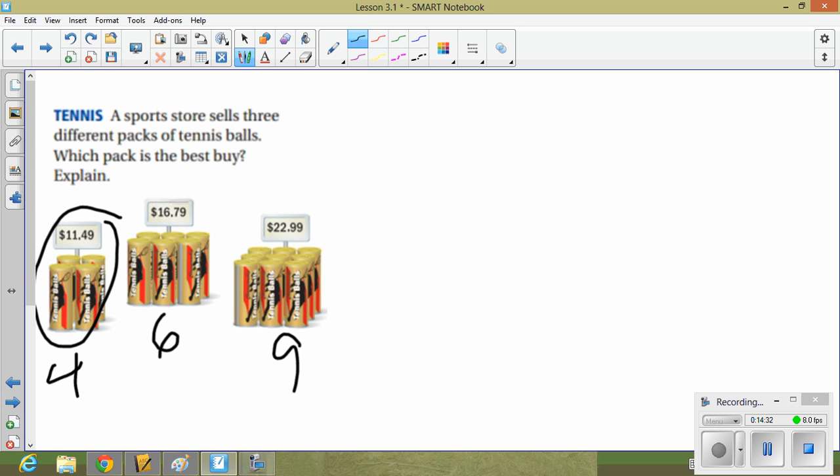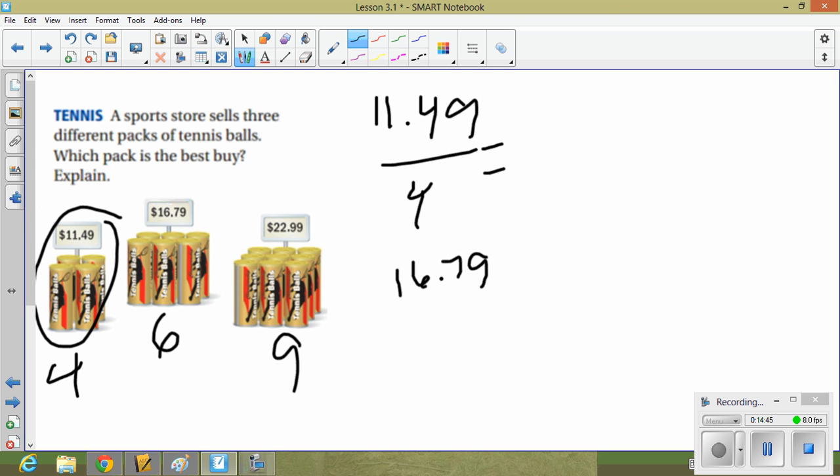So what we need to do is find the unit rate for each of these. We have 3 problems that we need to solve. We need to take $11.49 over 4, $16.79 over 6, and then $22.99 over 9.